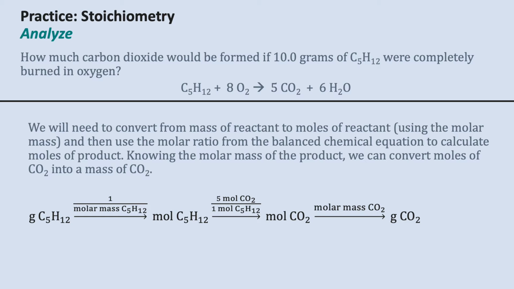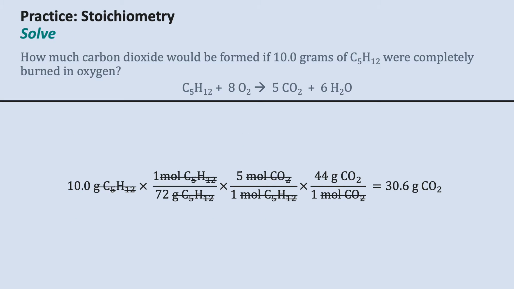So we get 5 moles of CO2 for every 1 mole of C5H12 that we react. And then we need the molar mass of CO2 if we want to report an answer in grams.